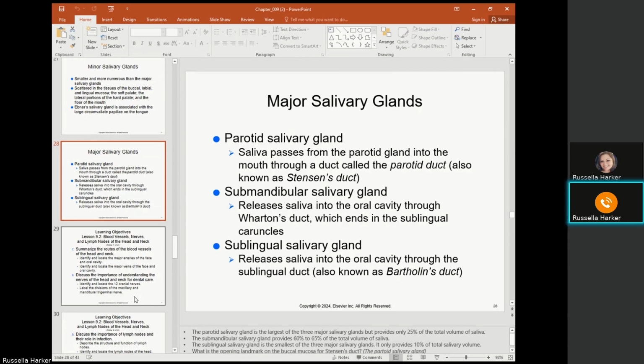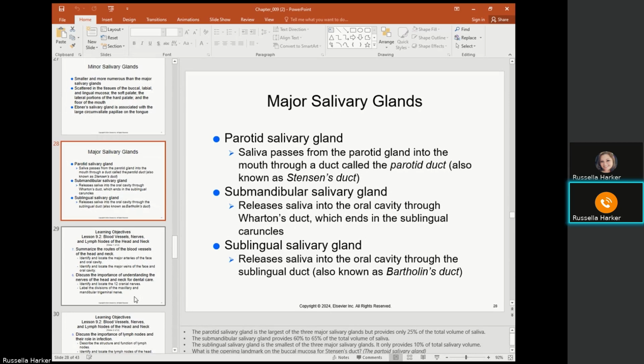The submandibular salivary gland releases saliva into the oral cavity through Wharton's duct, which ends in the sublingual caruncles. And the sublingual salivary gland releases saliva into the oral cavity through the sublingual duct known as Bartholin's duct.